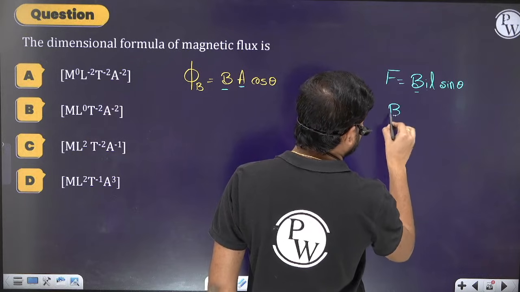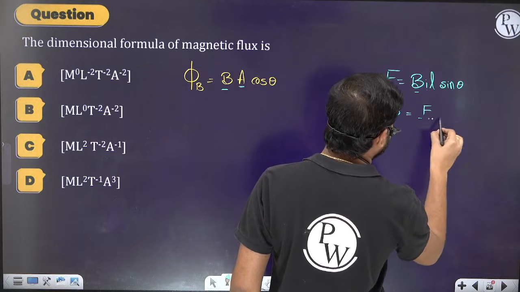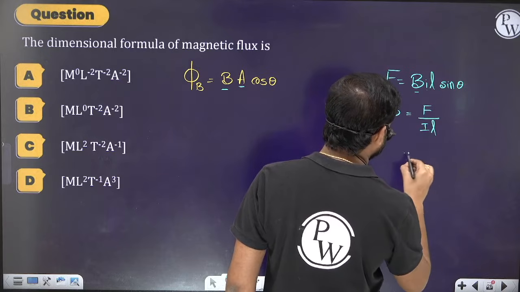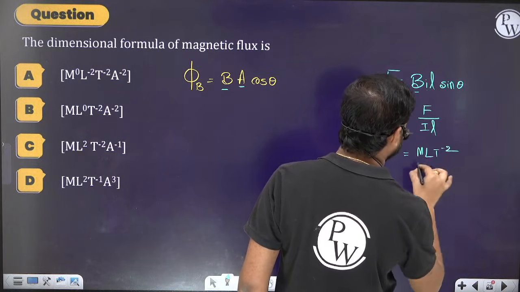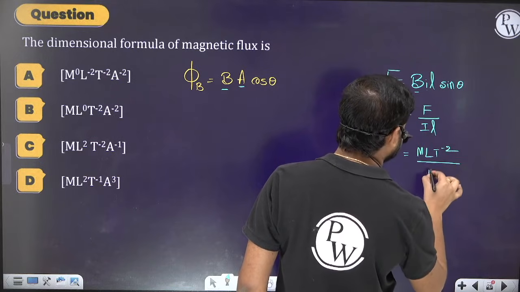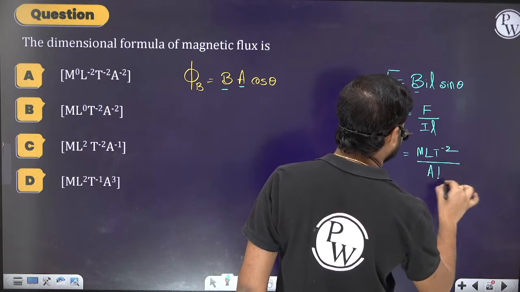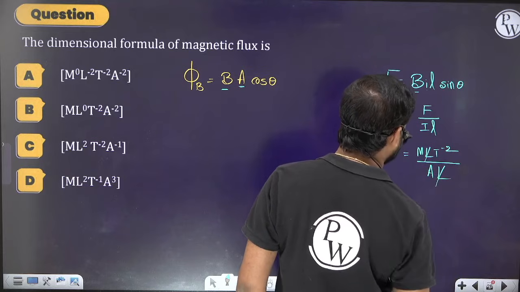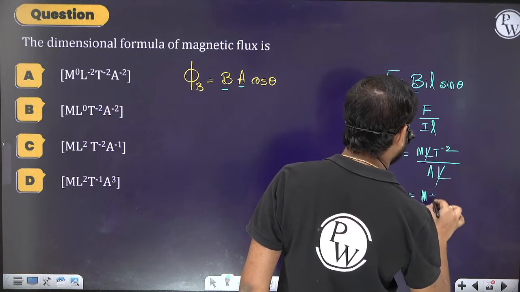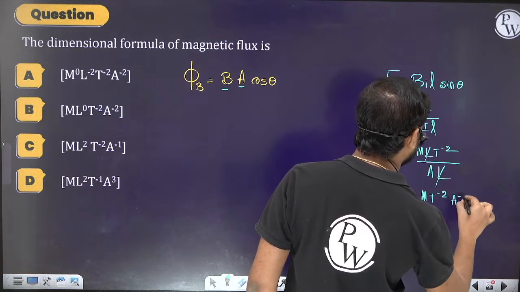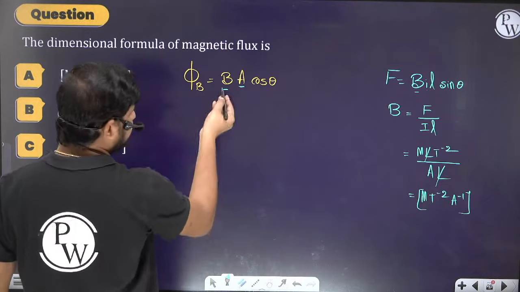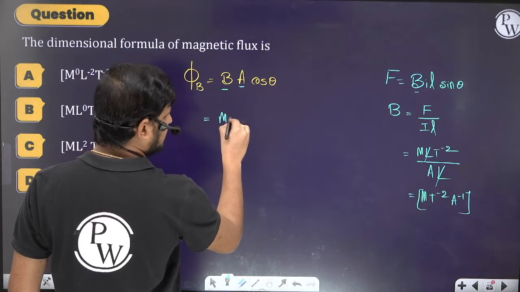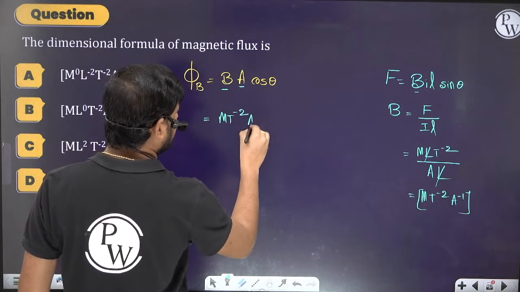We need B, so B is equal to F by I into L. You know the force dimensions, M L T to the power minus 2, the current dimension A and length L. So L cancels. We get B as M T to the power minus 2 A to the power minus 1.